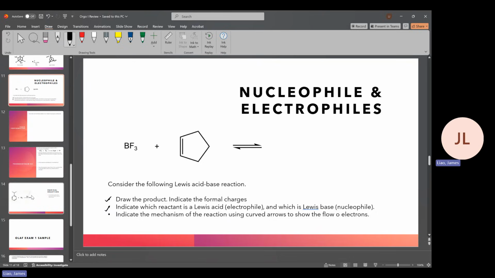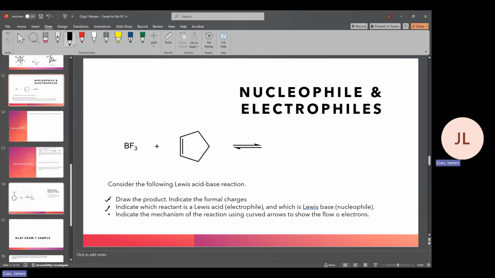They are the ones that actually will do the attacking, that's going to grab those electron pores, Lewis acids, electrophiles. So electron rich, nucleophiles. Electron poor, electrophiles. Nucleophiles are Lewis bases, while electrophiles are Lewis acids.